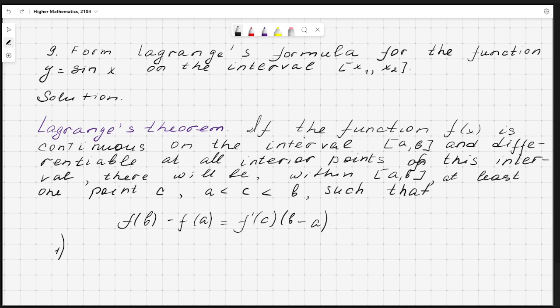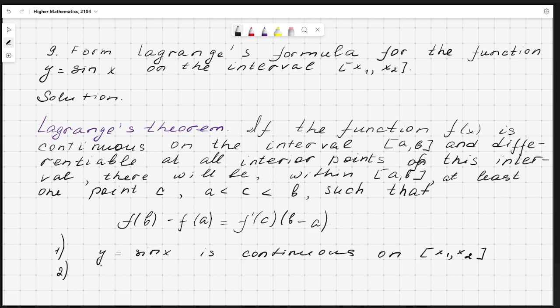We know that the function y is sine of x is continuous on each interval of the set of real numbers. It means y is sine of x is continuous on the interval from x first to x second.